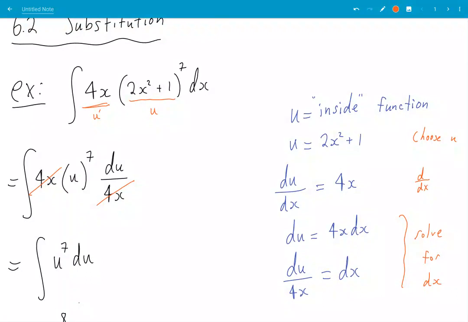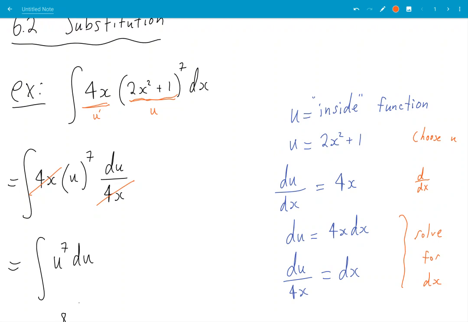So for that reason, if you have a choice of u right here, and then directly outside you see u prime multiplying, then that tells you that this substitution is going to be perfect. It's going to work out very nicely. So you want to think about u. You want to look outside. Do you see u prime outside?